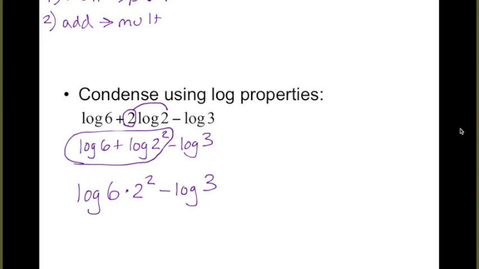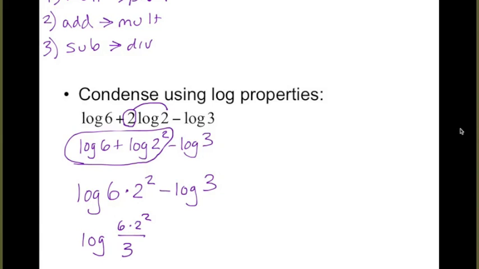And then our final step, working backwards from the first type of the problem, is to take any subtraction and turn it into a division. Always do the first thing divided by whatever's being subtracted. So whatever has the negative on it is what's going to go to the bottom, just like negative exponents go to the bottom.